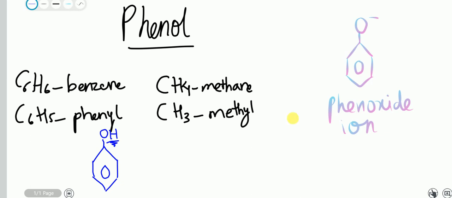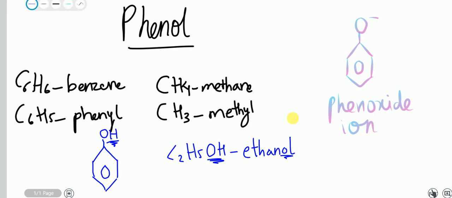Like for example we have C2H5OH. This is the functional group of alcohols, right? So this is ethanol, and we add the OL part to indicate that it's an alcohol.